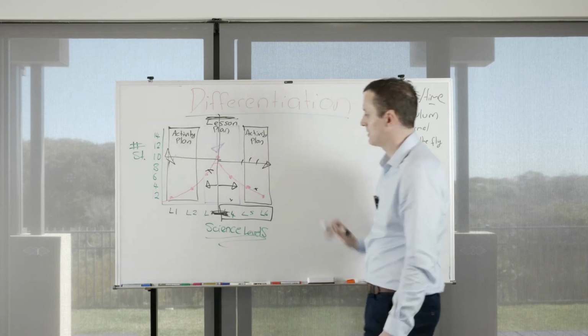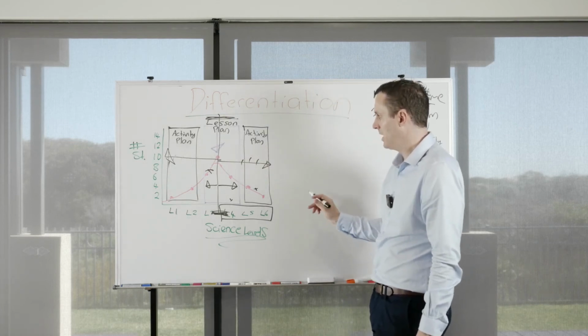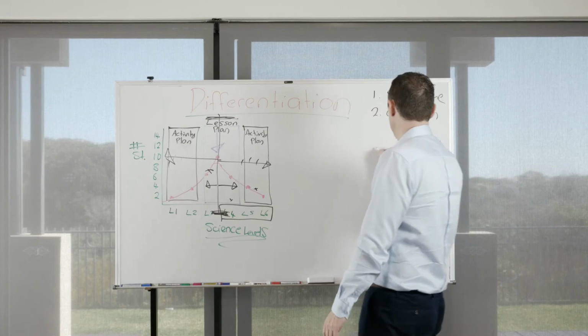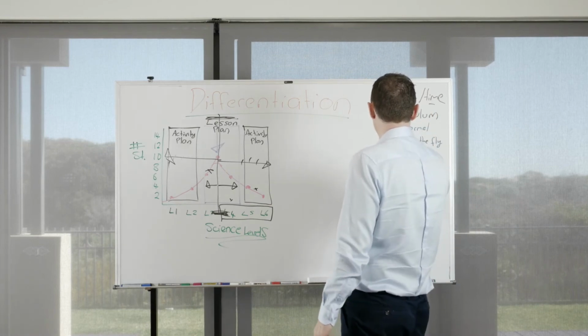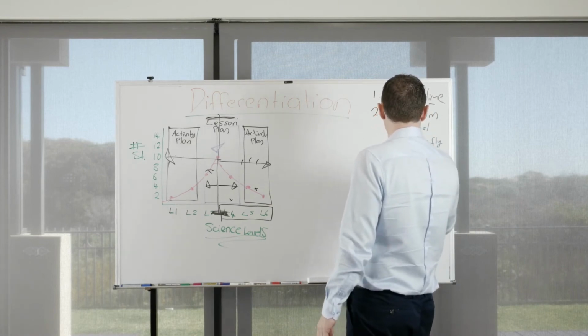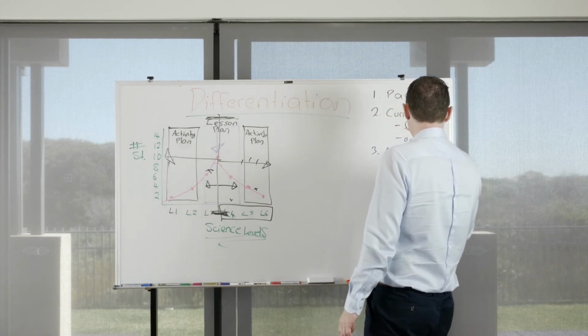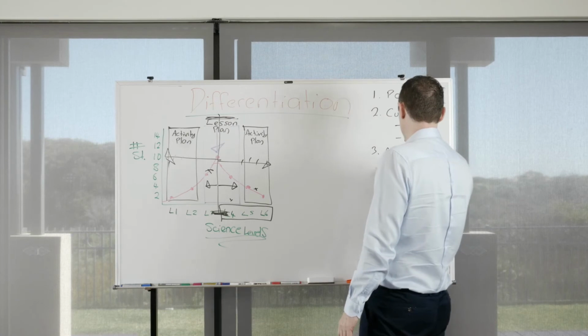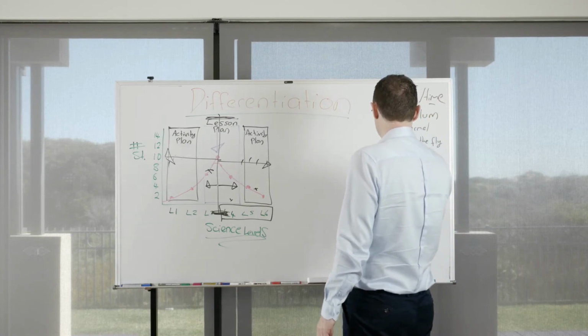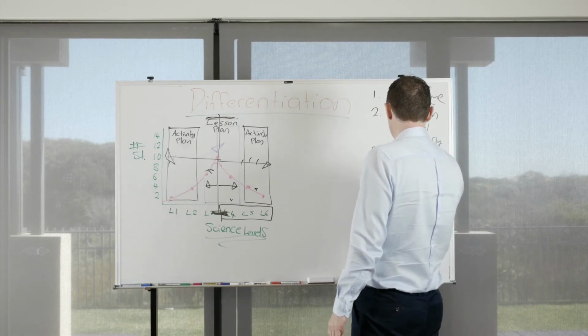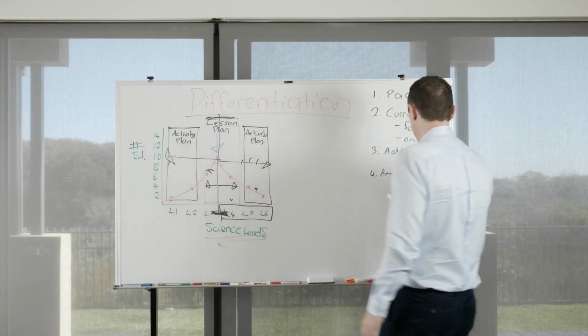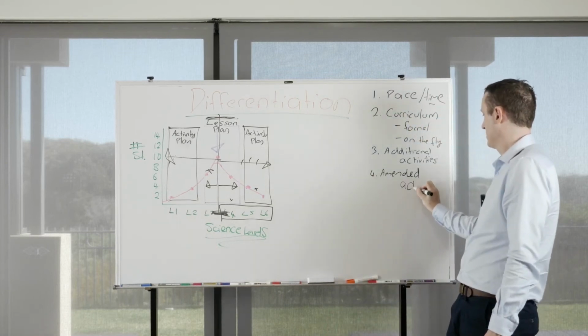The top end you can deal with quite easily by just adding additional activities. Now, how would you go about doing that? It doesn't even have to be additional, actually. It just can be amended. So that's number 4. Sorry, I know you can't see. Amended activities.